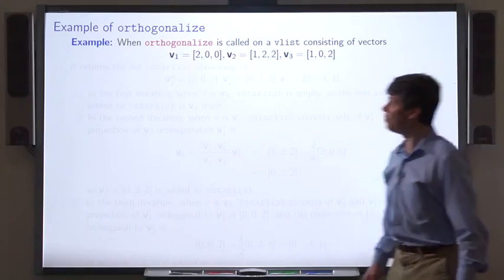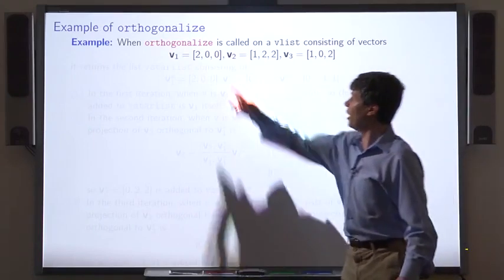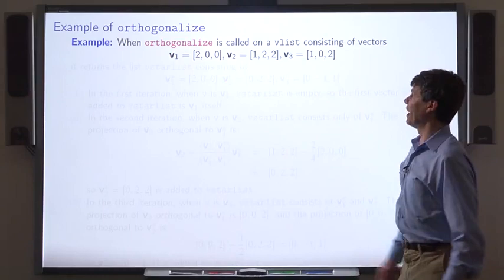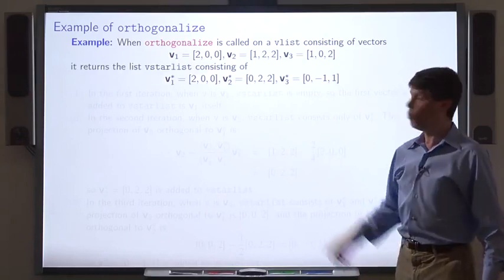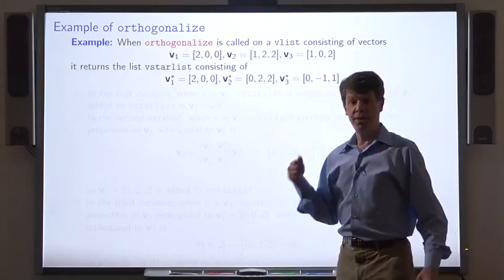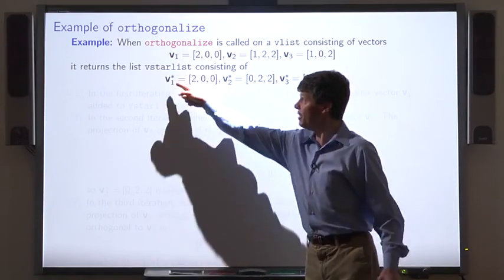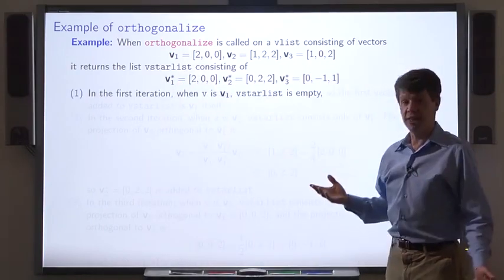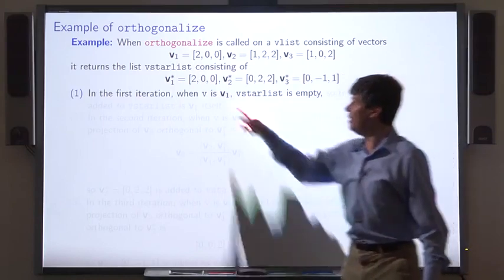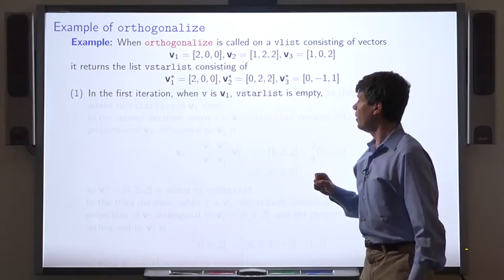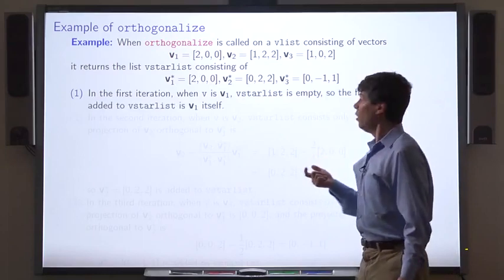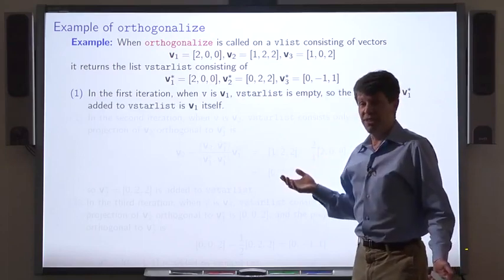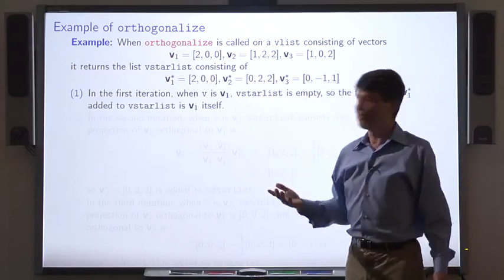So here's an example. Let's say we run orthogonalize on the list consisting of these three vectors. We'll show that it returns the list consisting of these three vectors, v1*, v2*, and v3*. In the first iteration, the vector v is v1. The v*-list is empty, so the first vector added to v*-list is just v1.